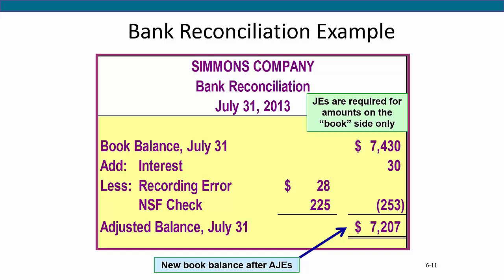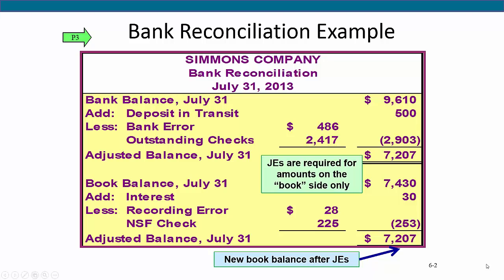Are there any more hints? Nope, looks like we got them all. So you total up the bank side of the reconciliation and wahoo! The adjusted book balance equals the adjusted bank balance, $7,207, but we're not done yet. A bank reconciliation often identifies unrecorded items that need recording by the company.